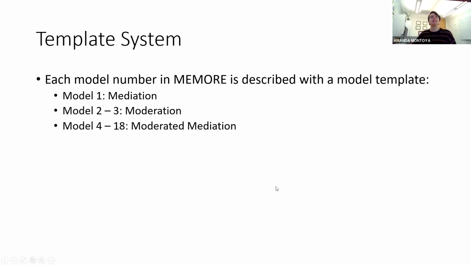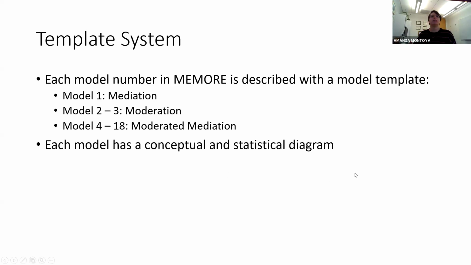The shortcut here is model 1 is mediation, whether simple, parallel, or serial. Models 2 and 3 are moderation, and now models 4 through 18 are moderated mediation models.